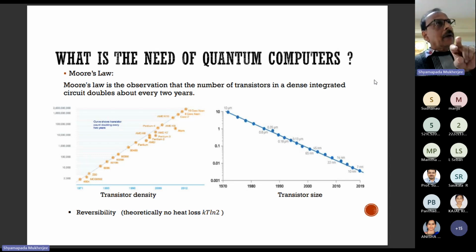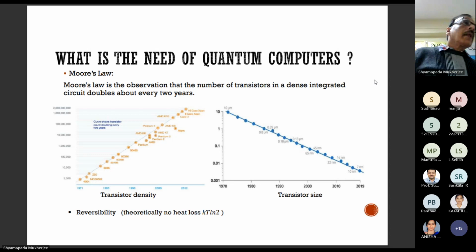So by looking at the output, you can know the input. But this does not happen for the OR gate, XOR gate or AND gate. If the output is 0 or 1, you cannot predict a precise input. So most of the gates in classical computation are irreversible.